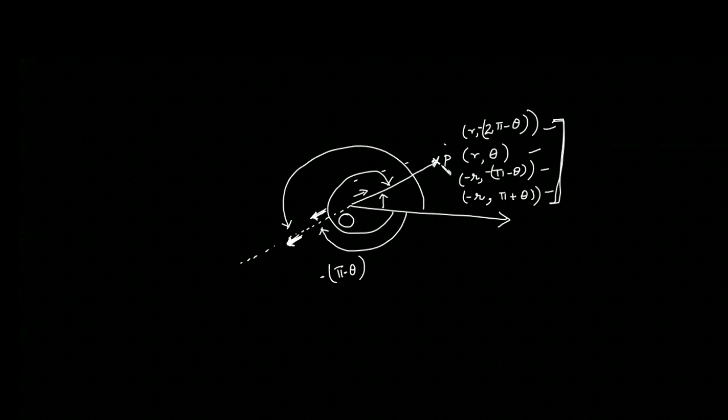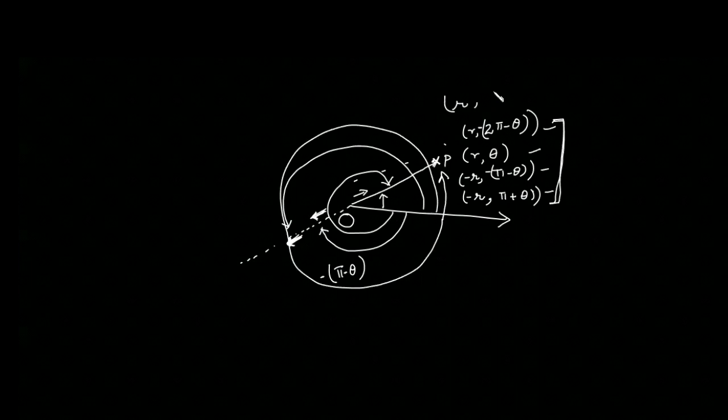Another way to reach the point P is what? One can take a complete turn and then take a turn theta, and then after covering the distance r, one can reach this point.